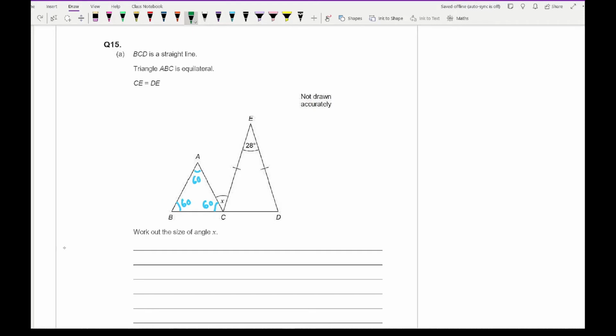Now if CE and ED are equal, then that's going to be an isosceles triangle. So this angle here is going to be 180 minus 28, divided by 2. Now 180 take away 28 is 152, and if I divide that by 2, I end up with 76 degrees.